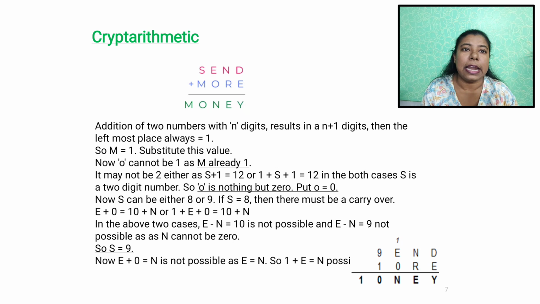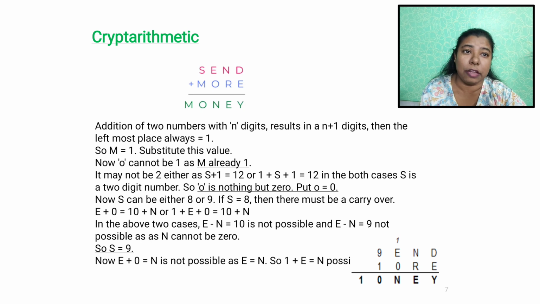Now we consider S equals to 8 or 9. Why not another number? Because we already know that in the addition of S plus M, the rightmost value will be 0 and the leftmost value will be 1. So if M equals to 1, O equals to 0, then S equals to 9. Okay, so now we find S equals to 9.